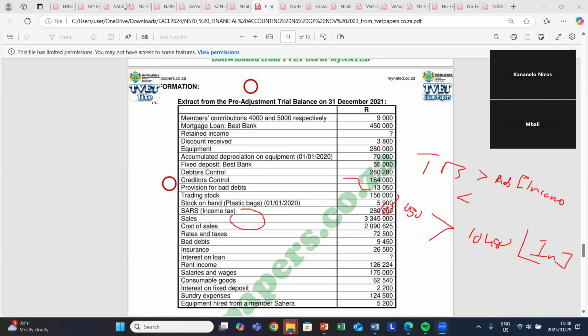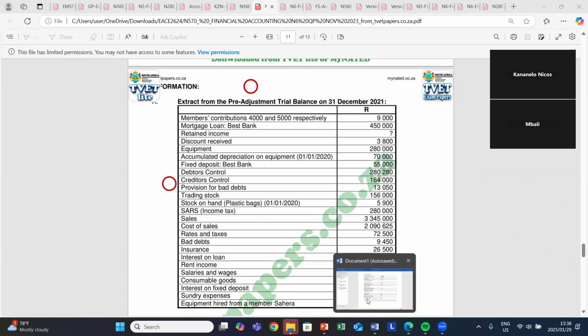So we'll say 13,050 minus 10,408. The difference we'll record under our income.